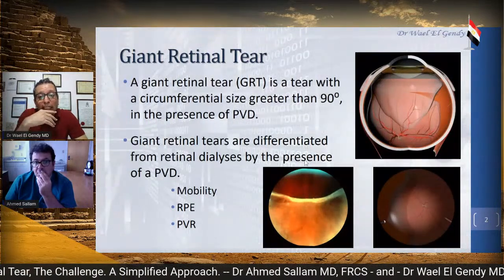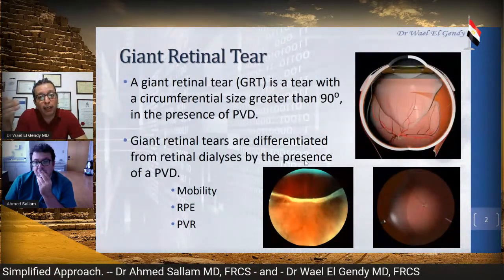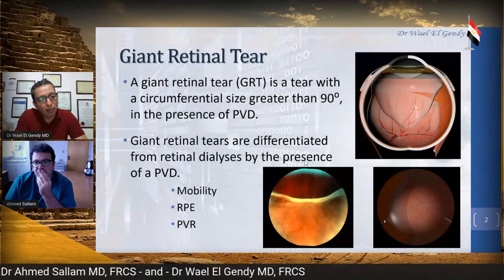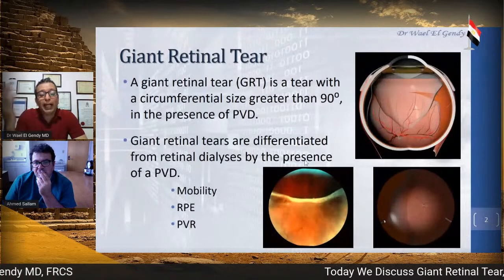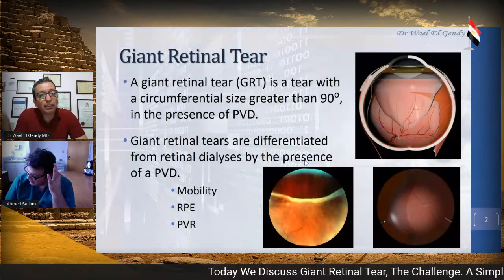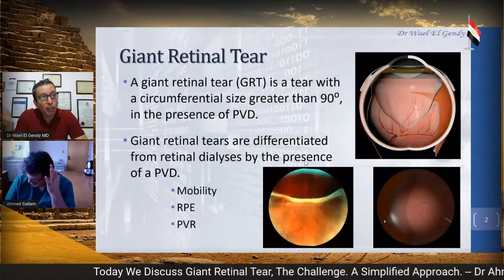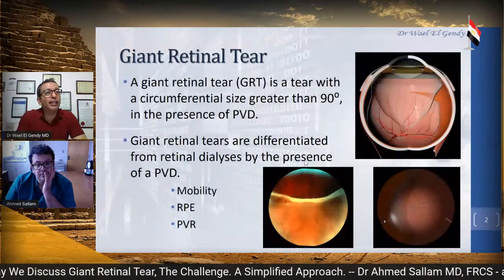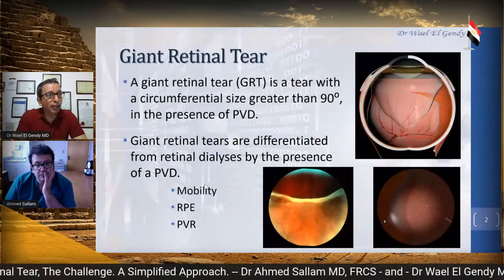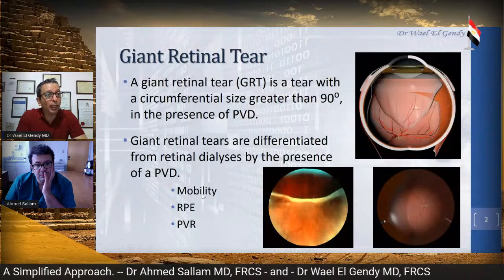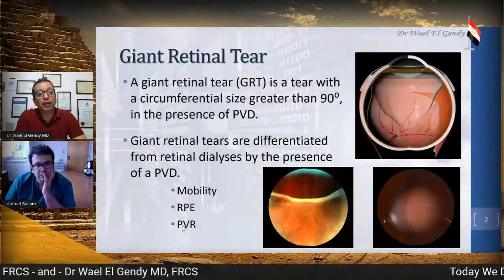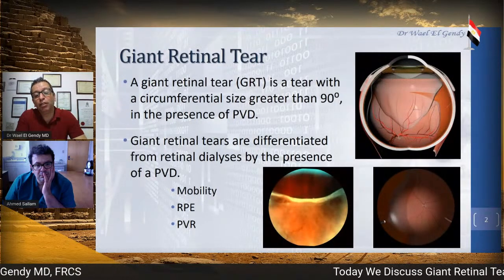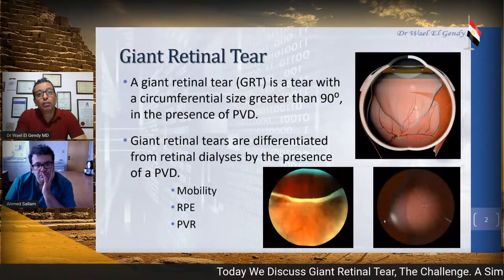So we don't have access between the retinal pigment epithelium and the surface of the retina, and that makes the risk for PVR much less. Yes. So we can summarize it. The difference is the mobility of the flaps, the retinal pigment epithelium exposure, and hence the risk of having a PVR.